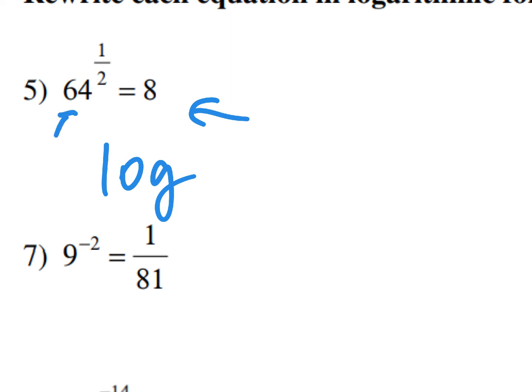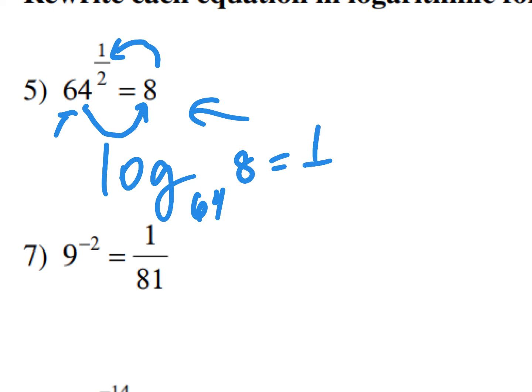Oh, this one's the base. Log base 64. And then remember, it goes around in the circle of logs. Log base 64 of 8 equals 1/2. And it does. Because 64 to the 1/2 means the square root of 64 is 8. So it makes sense.